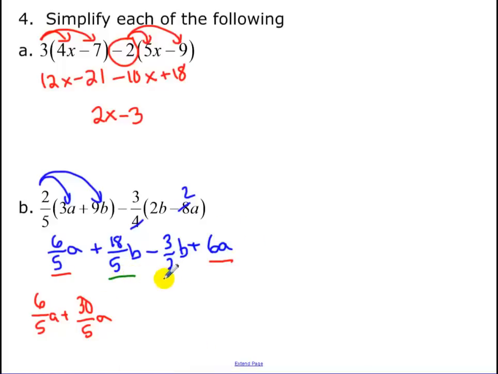Now the common denominator between those two terms is going to be 10. So I'm going to multiply 18 over 5 times 2. I'm going to multiply the 3 halves by 5 over 5.